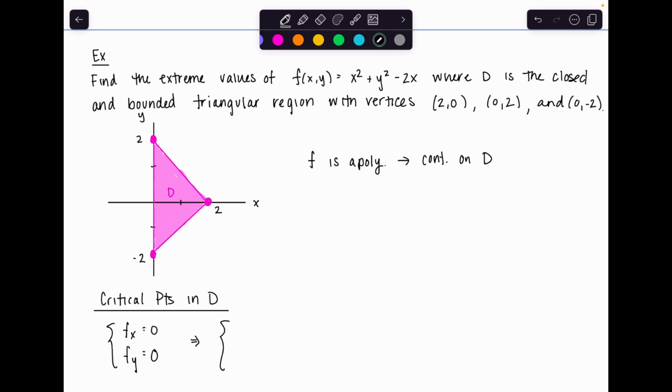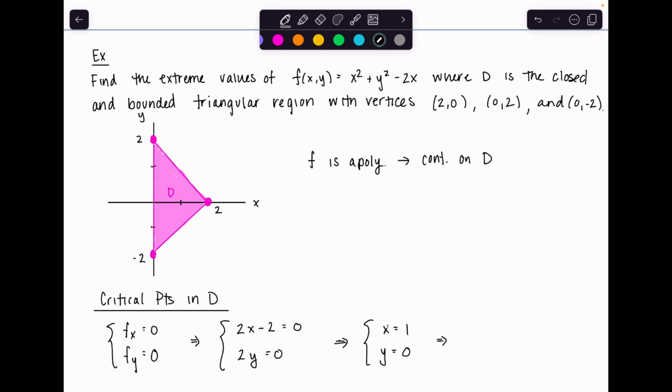If I take the partial with respect to x, that will be 2x minus 2. Take the partial with respect to y, that is 2y. Well, the only way that can happen in the first one, you can factor out a 2, and that gives you x minus 1. The only way the first equation equals 0 is if x is 1. And then from here, the only way this equals 0 is if y is equal to 0.